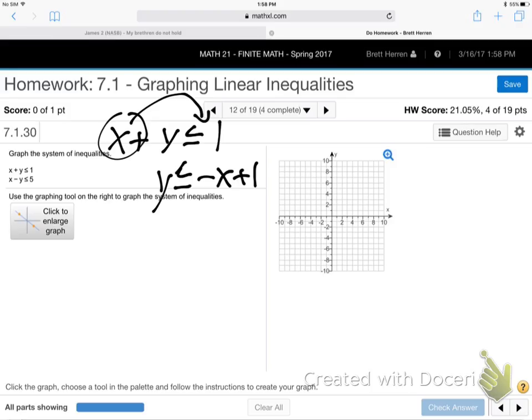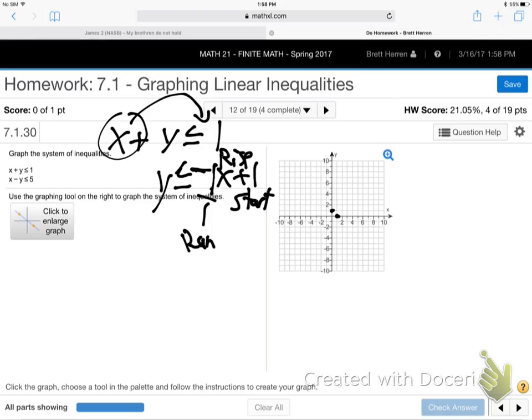So we started up 1. There's our first dot. And then how do we do the slope from there? Yeah, you make this a negative 1 over 1, huh? Everybody good with that? So it's rise over run, which means down 1 over 1.